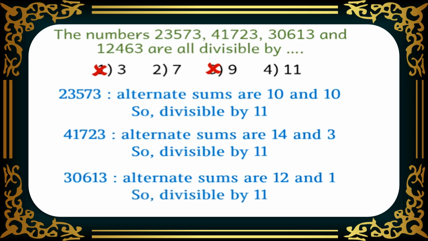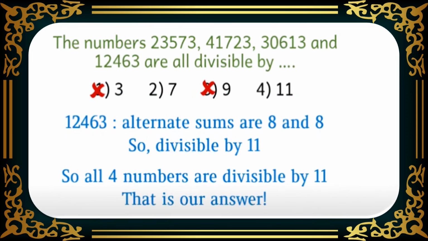If I see the third number, that is 30,613, alternate sums are 12 and 1. Okay, so it is divisible by 11. 12,463, alternate sums are 8 and 8. So divisible by 11. So all four numbers are divisible by 11. That is our answer, option number 4. So 4 is our correct option.